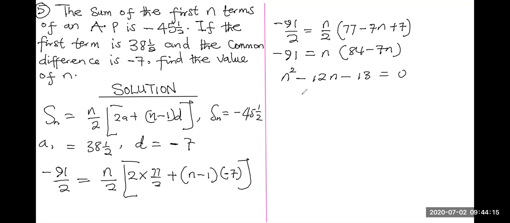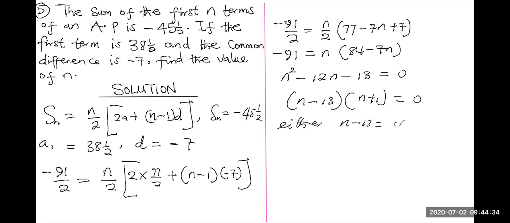And when you factorize your quadratic expression, okay, of course, you should be able to solve from here. You're going to have n minus 13 into n plus 1 is equals to 0. And of course, you now say either n minus 13 is equals to 0 or n plus 1 equals to 0.